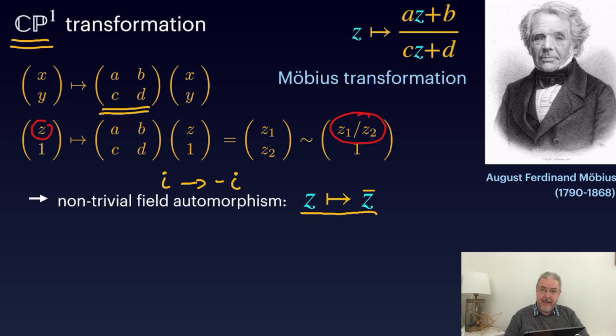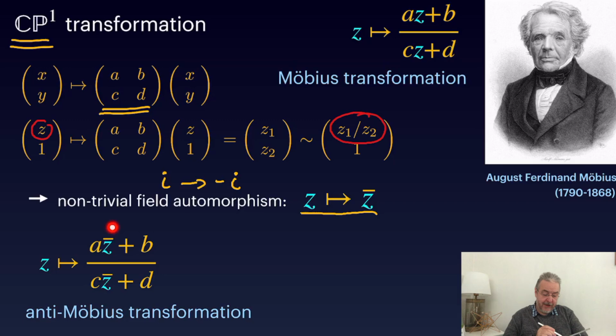Actually, this was the deeper reason why we always had non-reflected images of our numbers on the clock that I showed you before, because this transformation makes a mirror reflection. In my book I call transformations that involve the conjugate of z anti-Möbius transformations, and they make all the reflection parts in CP1 transformations.